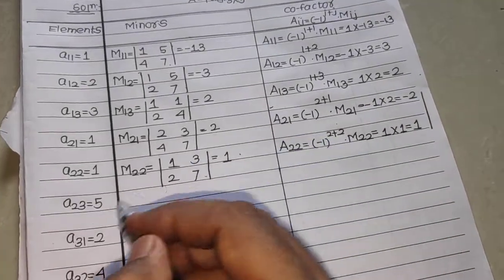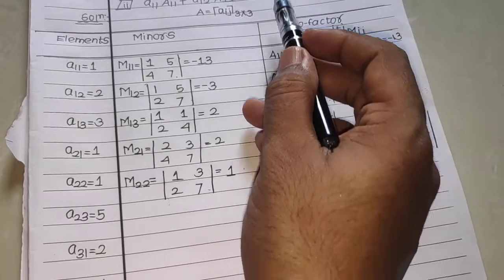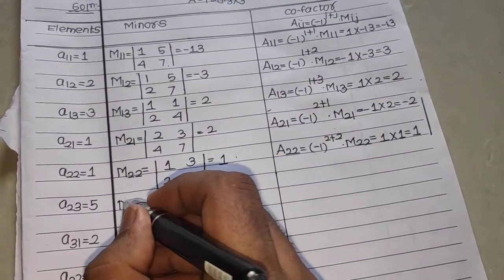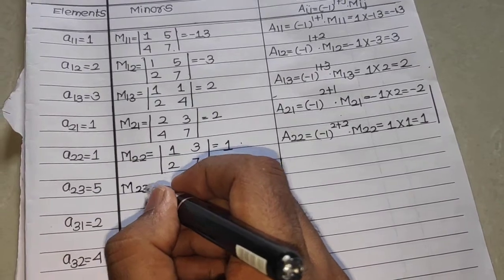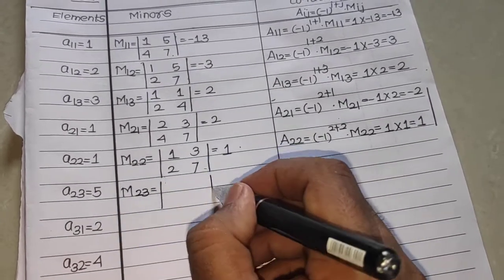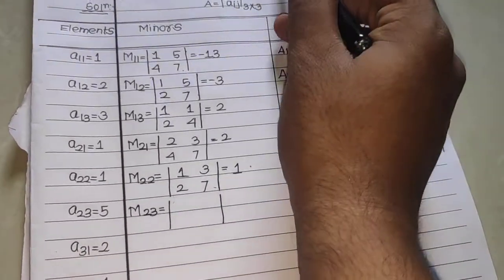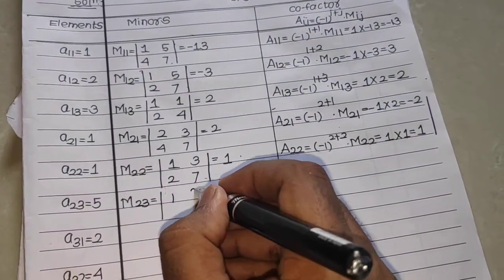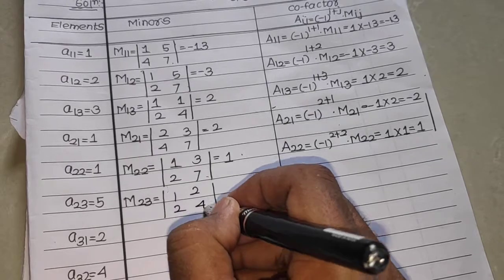7 minus 6. Okay. Is A23 there in the operation? Yes, I think it is also there. So we'll have M23 for that. This 5 I'm going to suppress, and what I'm getting is 1, 2, 2 and 4.